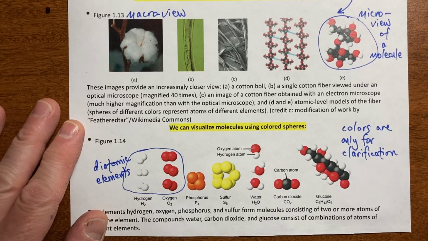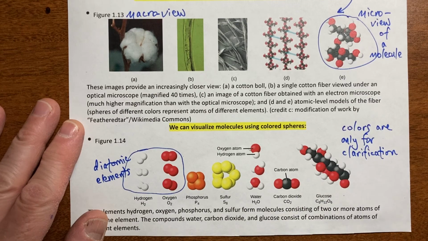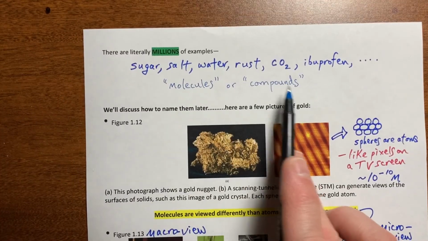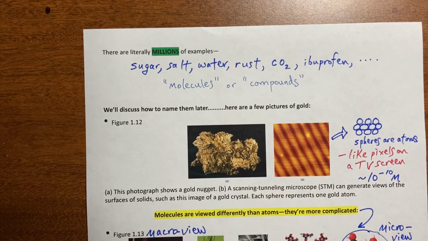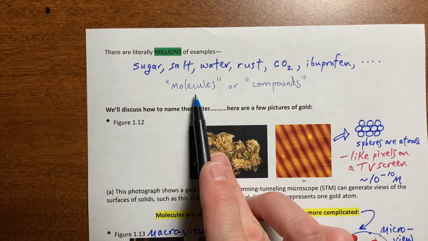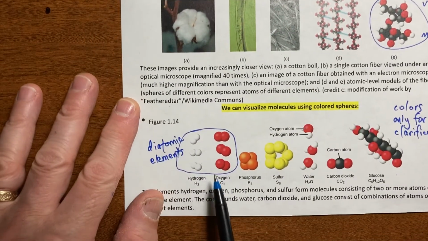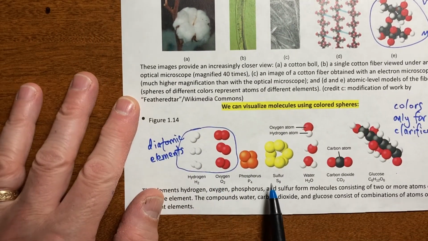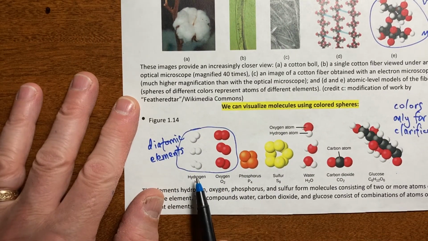Now, to confuse you even more, these are all molecules. So earlier I said that you can call a compound a molecule and a molecule a compound. I guess that wasn't totally correct. A molecule is, by definition, 2 or more atoms bonded together. So you can have a molecule of hydrogen, but hydrogen is considered an element.